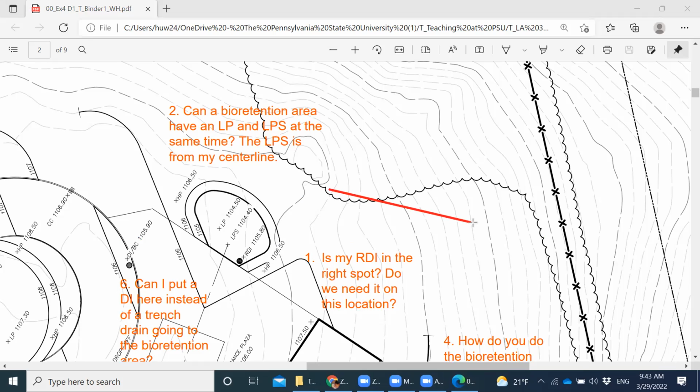That's the plaza. This is what we're trying to create. 1104.5. The edge of the pavement is 1105.6, and your RDI needs to be at the same 1105.6 here.